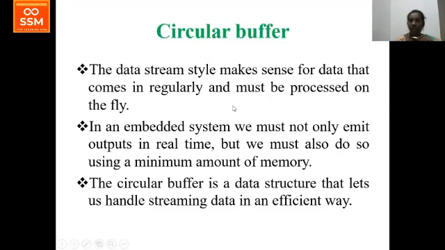That means once the data is buffered, it is immediately processed, and then the data will be flushed out. That means the data is no longer stored in the circular buffer.